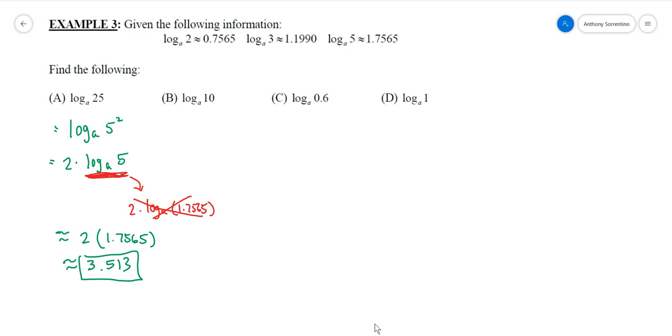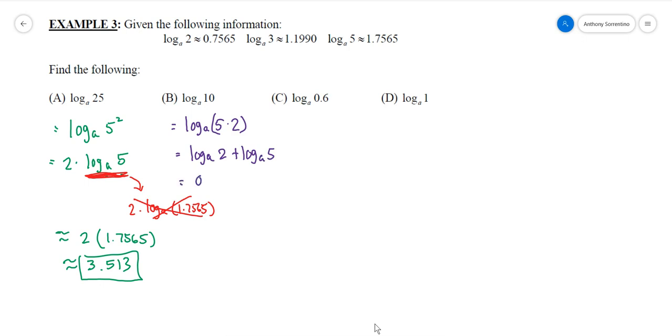With the log base A of 10, I don't have that listed up here, but I can rewrite this as the log base A of 5 times 2, because 5 times 2 is 10. So I'm going to have the log base A of 2 plus the log base A of 5, because a product becomes an addition of logarithms.